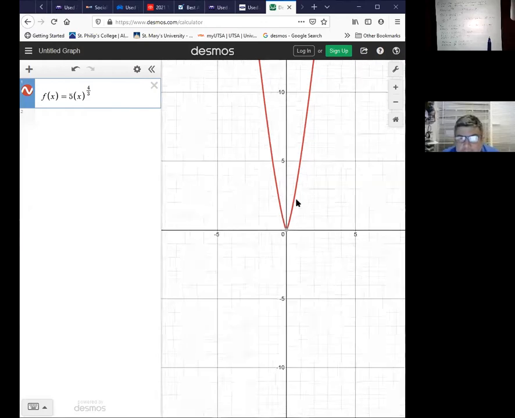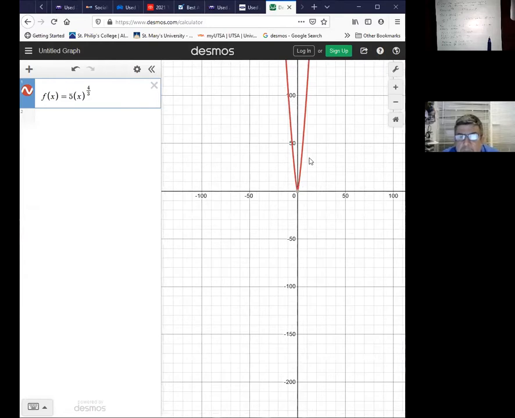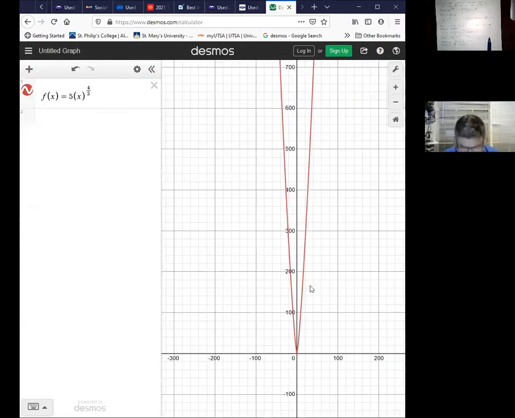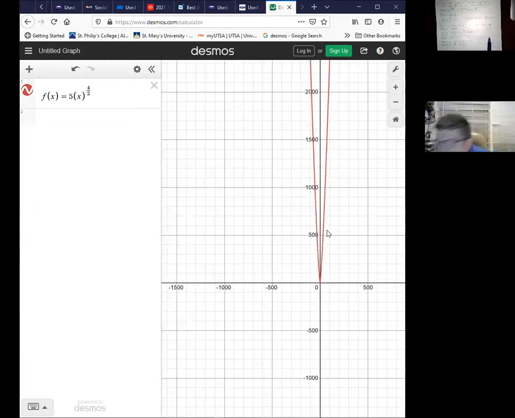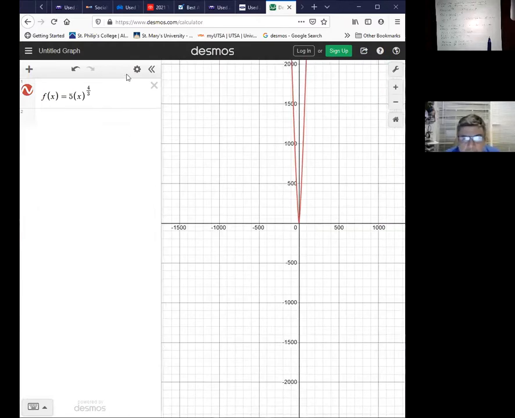Which we were correct. Let's zoom out a bit. Wait, do I have that right? 5x 4/3. Is that it? Oh, no, positive. I feel like I forgot something. Oh, shoot.